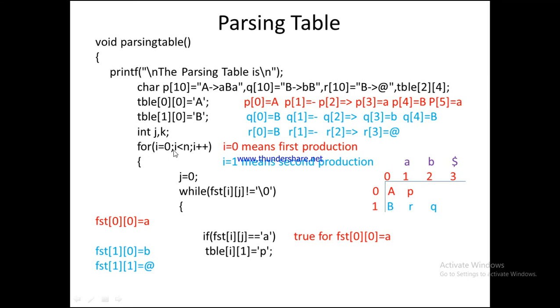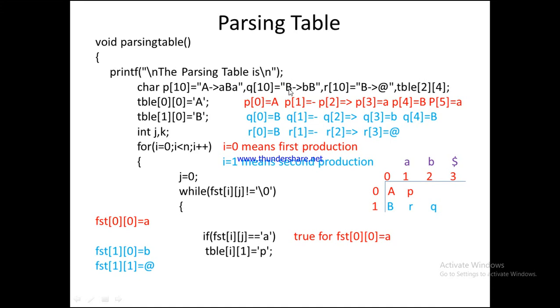When i is 0, what does this i indicate? It indicates that we are considering the first production, for the first non-terminal, the A non-terminal. Then i equal to 1 means what? The second production, in the sense of whatever productions we are having for the B.